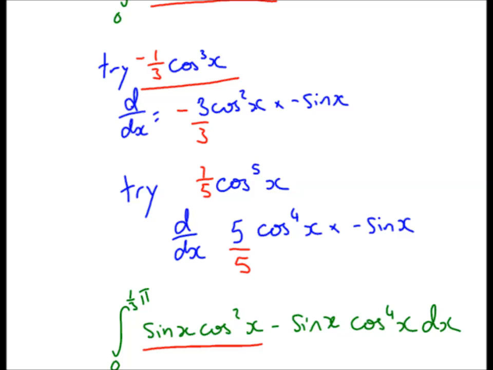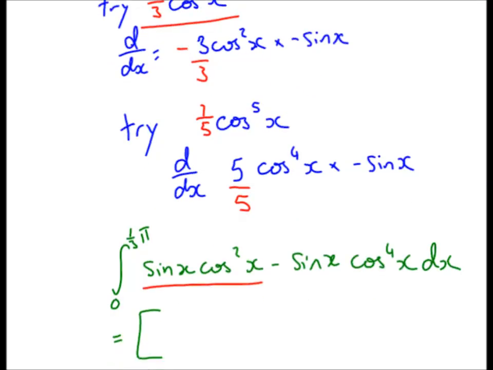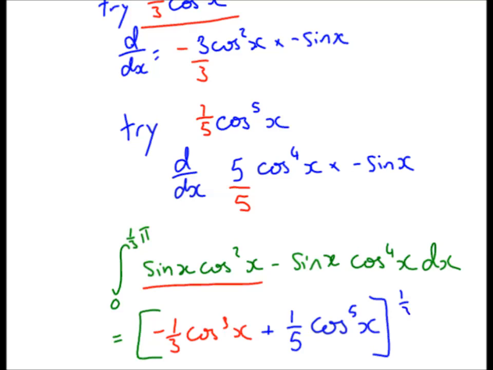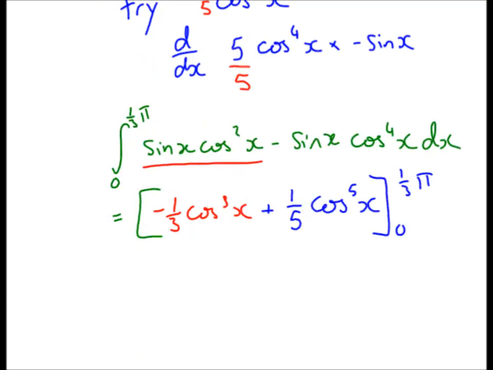Oh, I've missed out the minus there. So we're going to get minus a third cos cubed x. And then on the second one, I had my minus already, so this is going to come from the differentiating, and I'm just going to write my fifth cos to the power 5x. And then I apply my limits, and that will give me what the answer is.